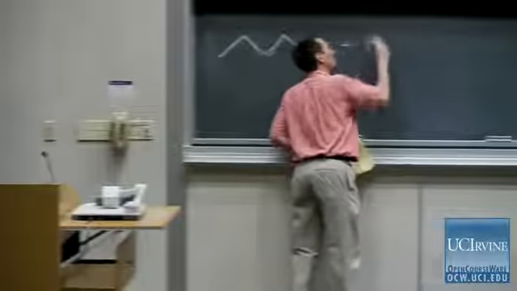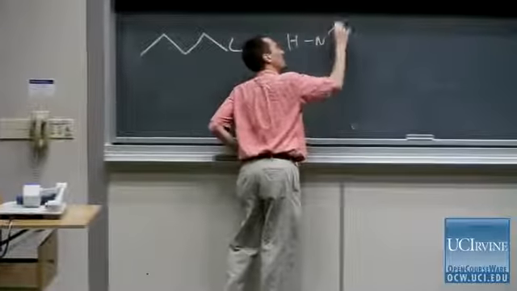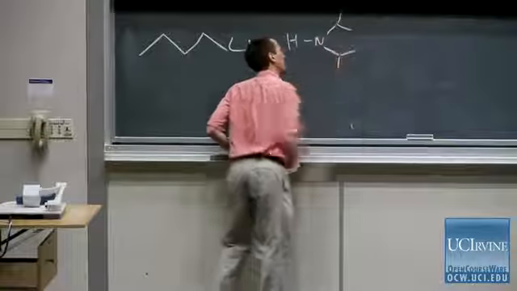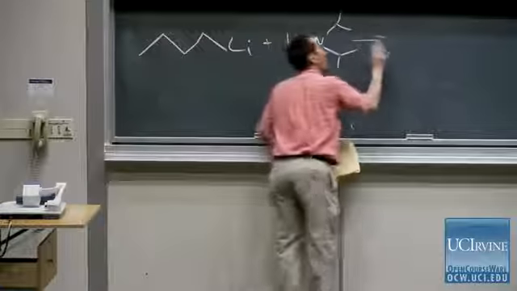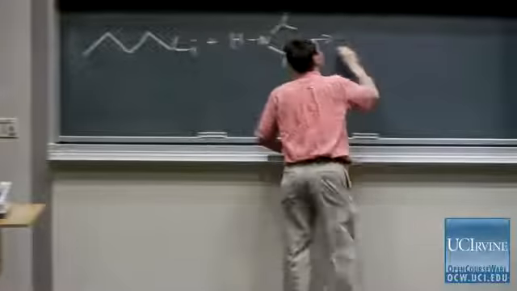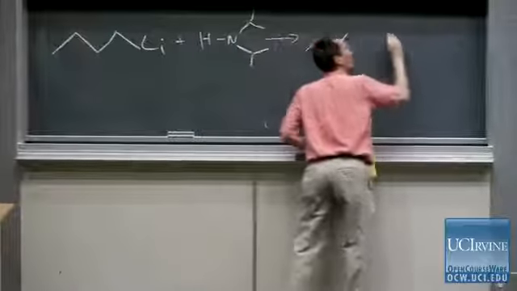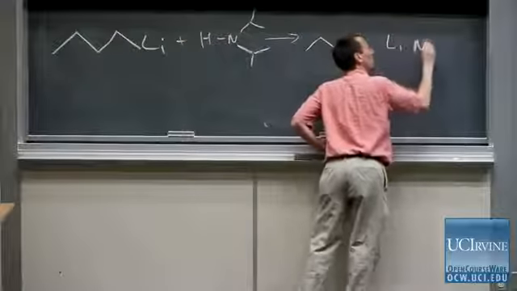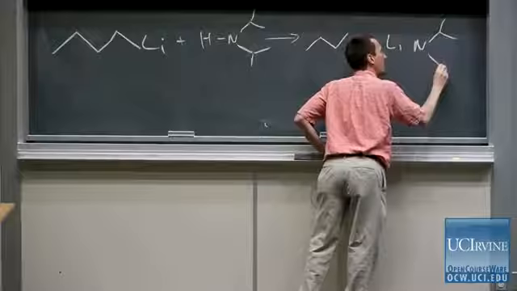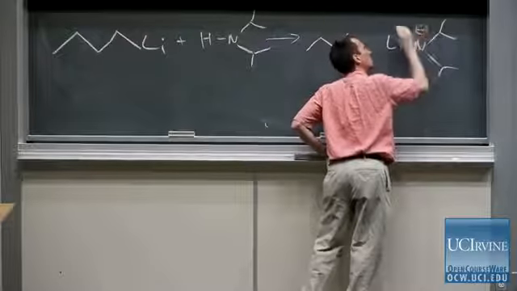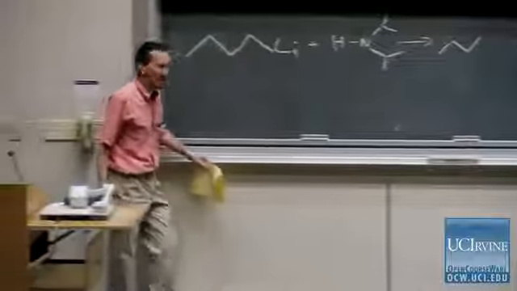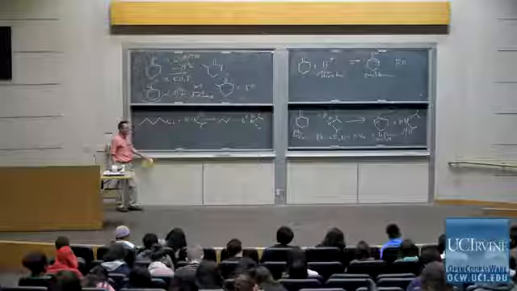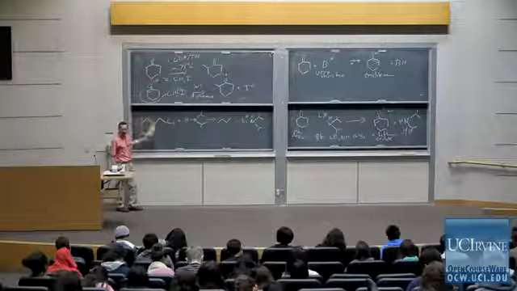You can mix it with diisopropylamine in THF before you add your cyclohexanone, and you pull off a proton, you get butane plus lithium diisopropylamide. And again, I'm now writing things in shorthand, so I'm not writing as many lone pairs of electrons here. And this, too, is an acid-base reaction.